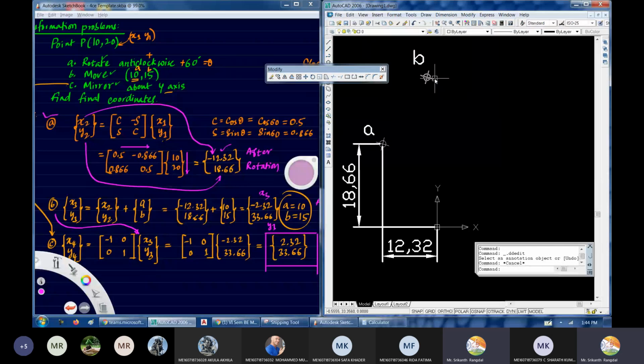Okay, so this is point C. Can you see now? This point is B, this point is C, this point is A. Got it? Yes, sir. Okay, so shall we move ahead?